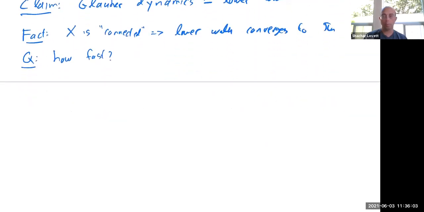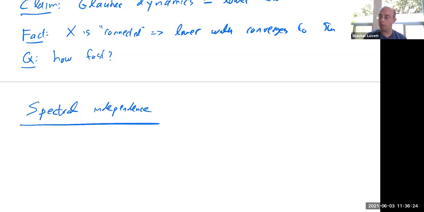So now comes basically the topic of this lecture, which is a technique used to prove that this dynamics, or the lower walk, mixes fast. And this technique is called spectral independence. This technique was originally introduced by ALO.